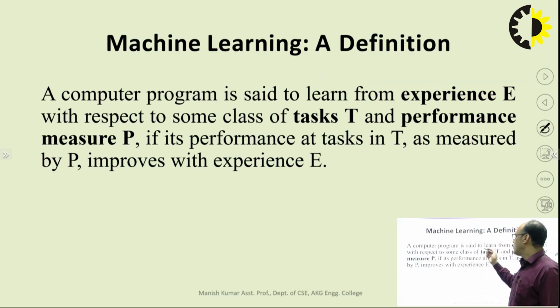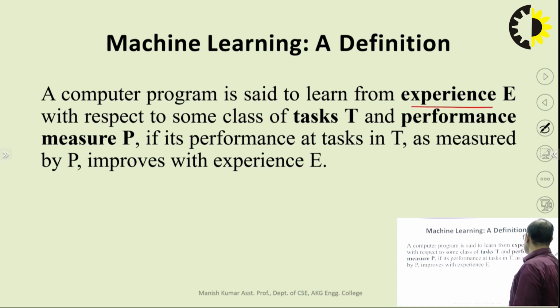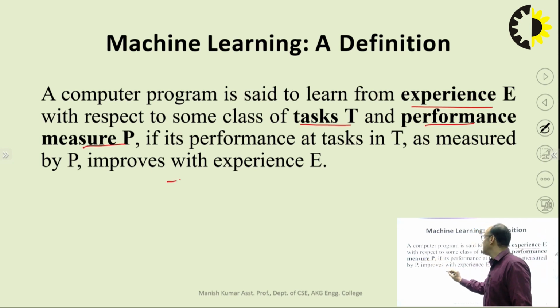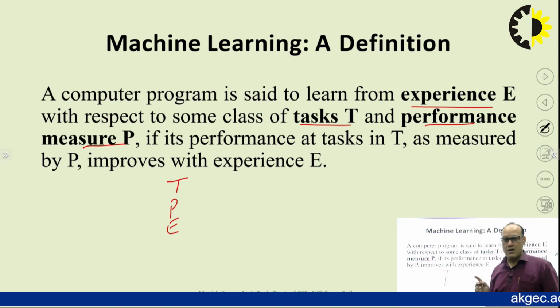This is the definition that I have briefed you several times in my previous lectures. It is based on three concepts: E for experience, T for task, and P for performance measure. So keep in mind this TPE. This definition was taken from Tom Mitchell's book on machine learning.